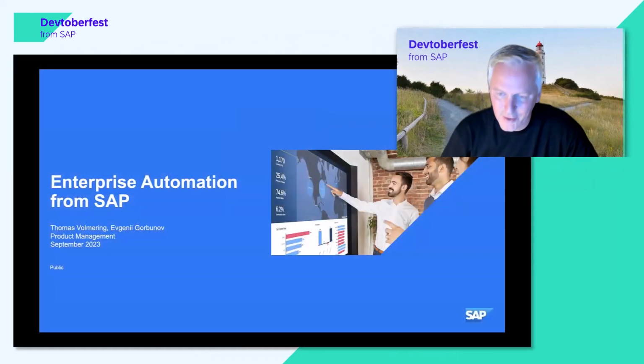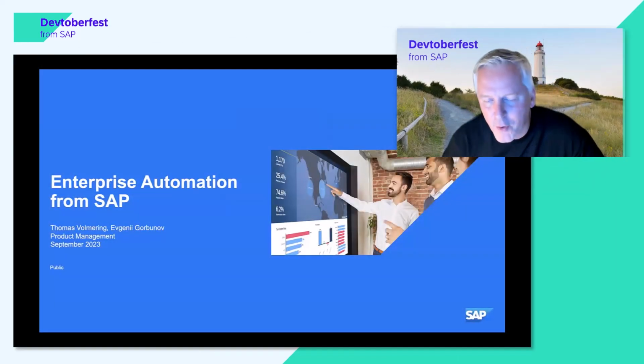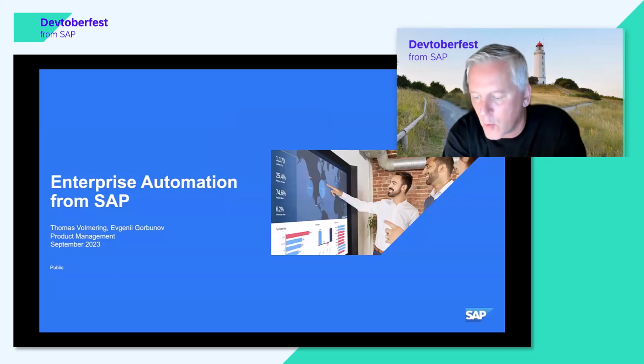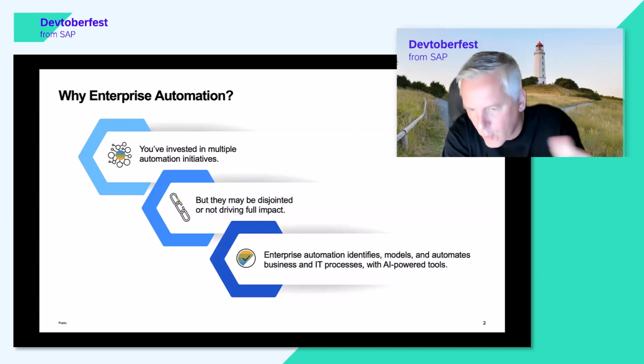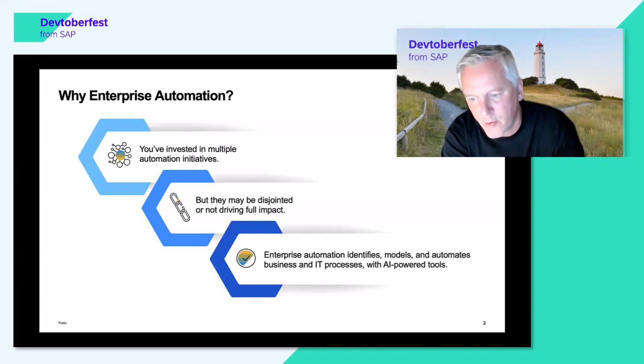Good. So, why do we talk about enterprise automation? I think we all started a couple of years ago with workflow automation and robotic process automation. We brought it to the level of a citizen developer, so citizen automation.